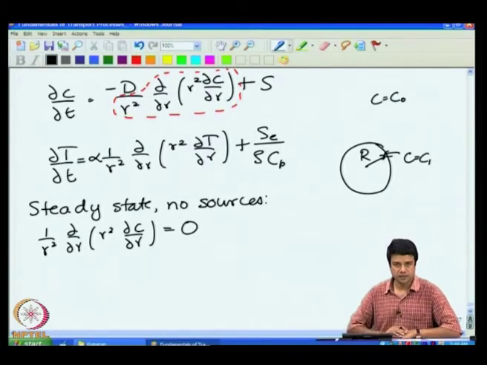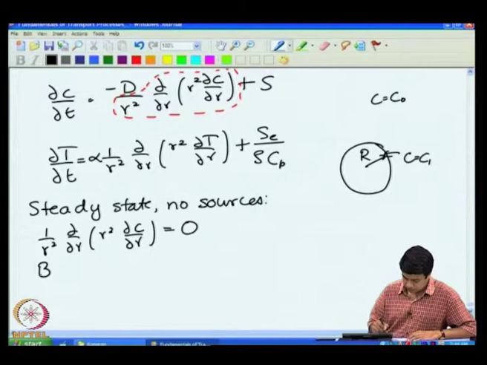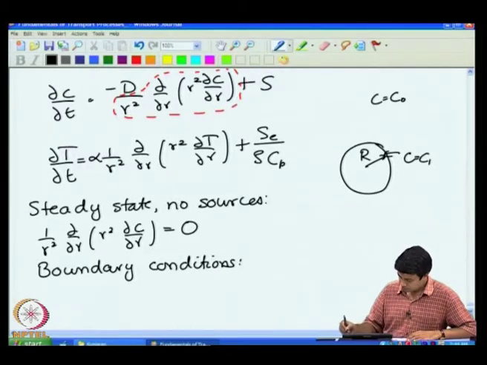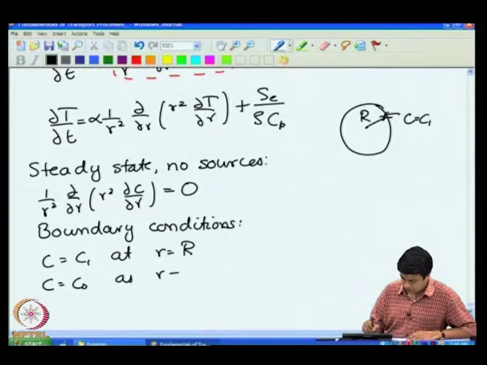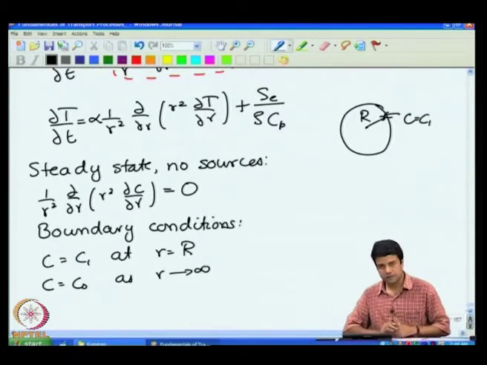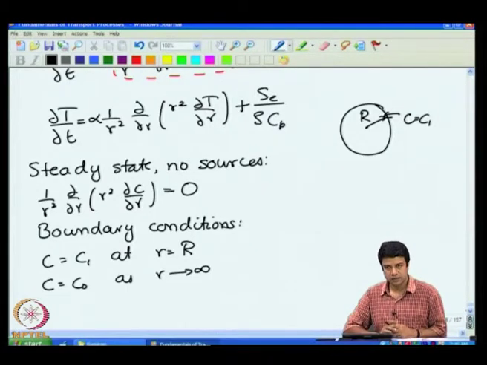As the distance becomes large, C becomes equal to C naught. So, therefore, the boundary conditions are C is equal to C1 at r is equal to capital R and C is equal to C naught as r goes to infinity.